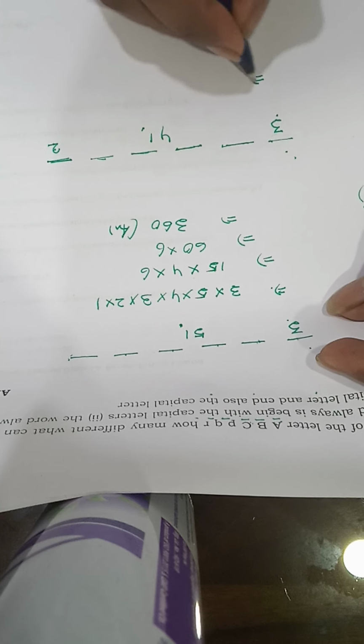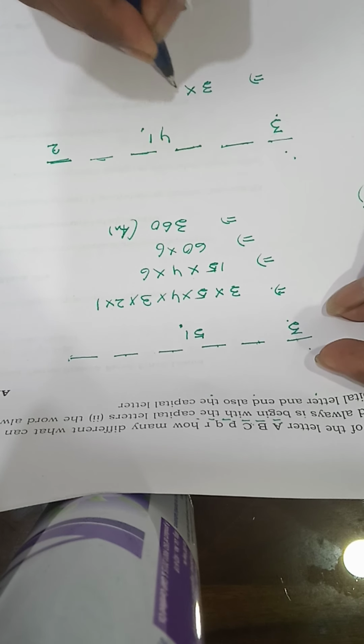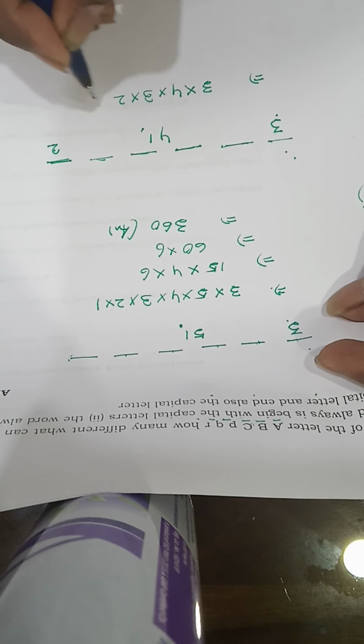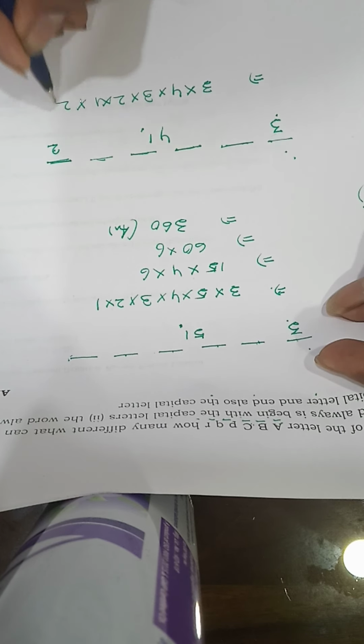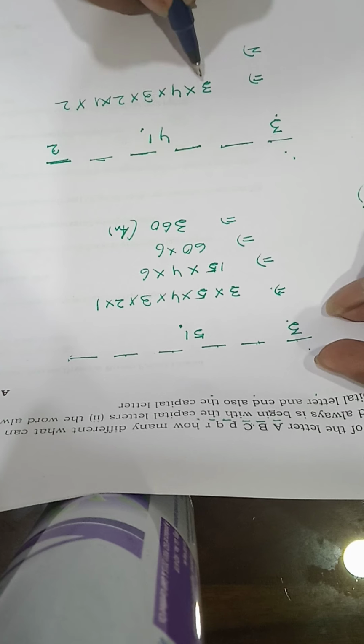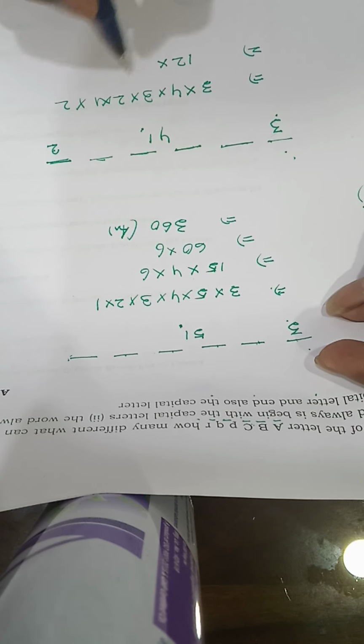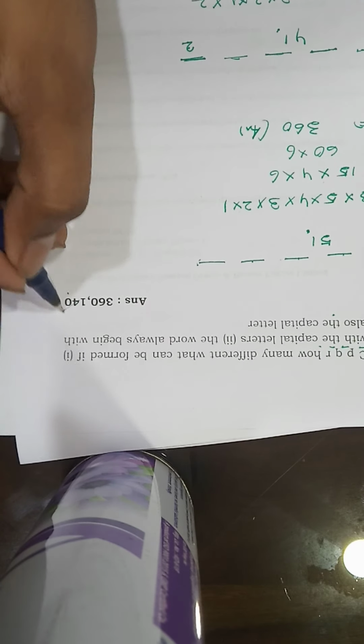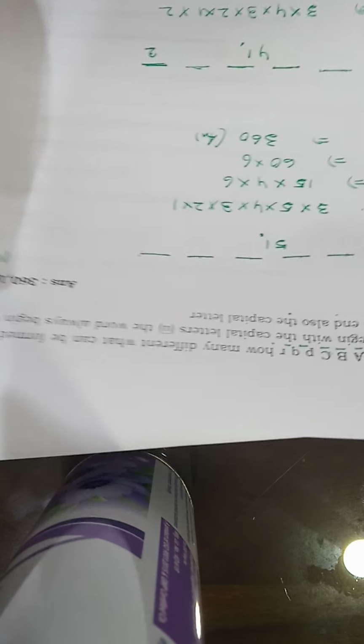So the answer will be 3 into 4 into 3 into 2 into 1 into 2. So the answer will be 144. In books, the answer is 140, but actually it's 144.